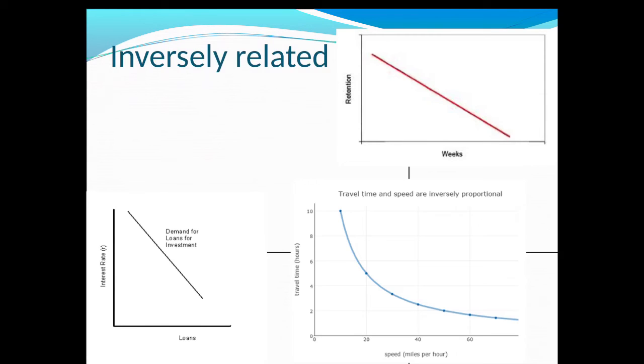And then at the bottom, you have speed and time, right? If you're moving faster, the amount of time it takes to get there is going to be less, right? So these are all inverse relationships. And we're going to talk about that in terms of pressure and volume and temperature for our unit, okay?